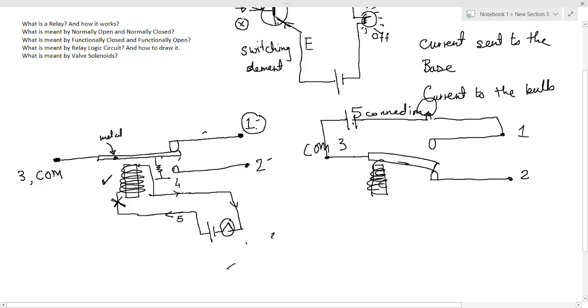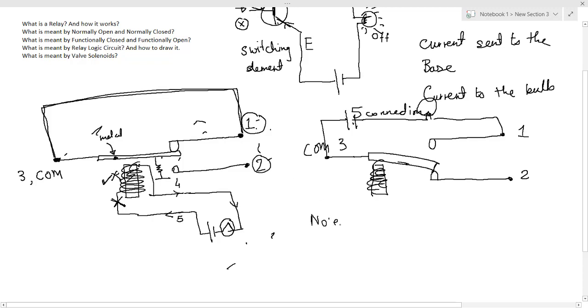Initially, when there is no current through the solenoid, the common port is connected to port number 1. But as soon as I send electricity through the solenoid, common is connected to connection number 2. So what does it mean?